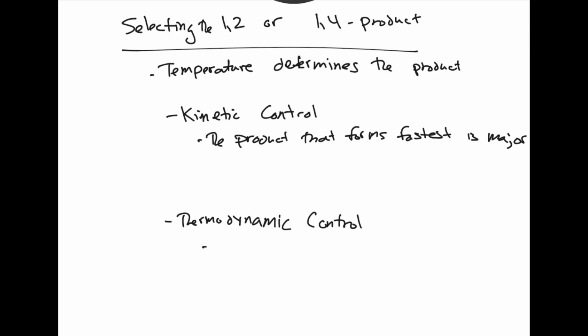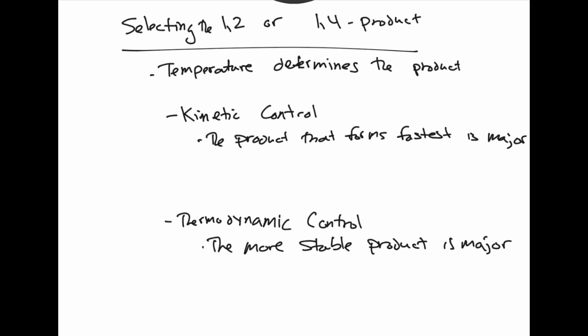Thermodynamic control is the more stable product. The more stable product is major. So whichever product is lowest in energy is the product that you get the most of.